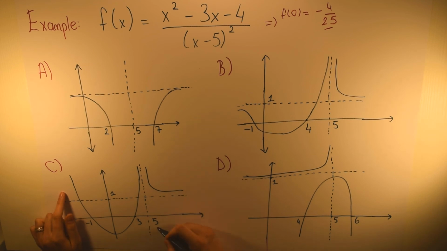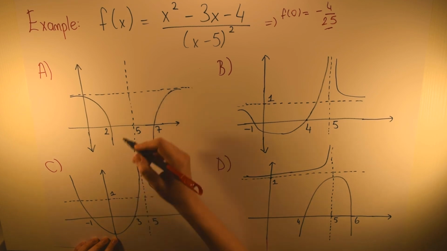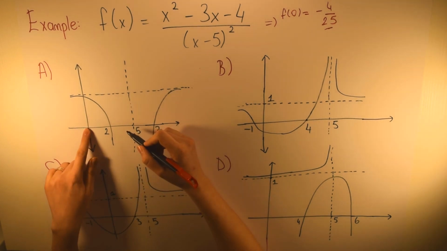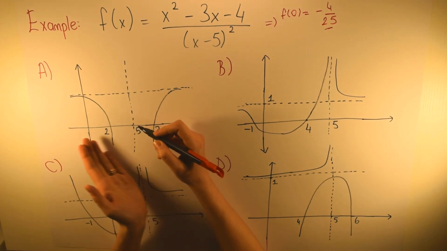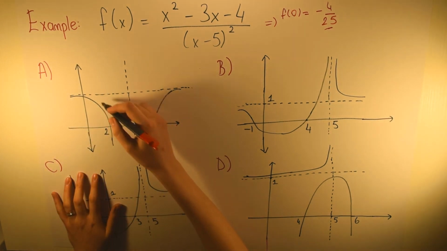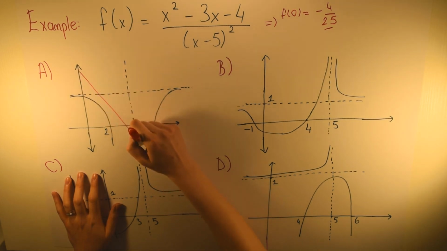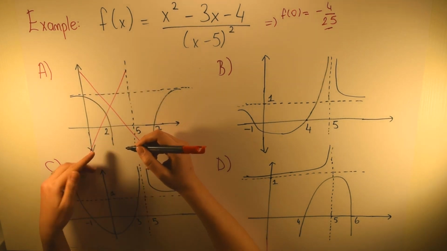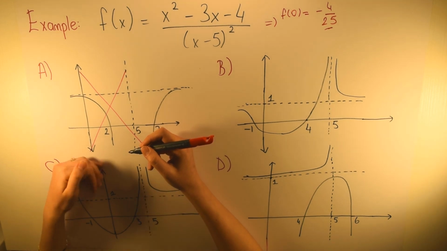So let's look here. When x is 0, yes, y can be equal to minus 4 over 25. When I look here, when x is 0, I don't have any value on the negative side of y. That's why we can eliminate this choice, because there is no value on the negative side of the y line.